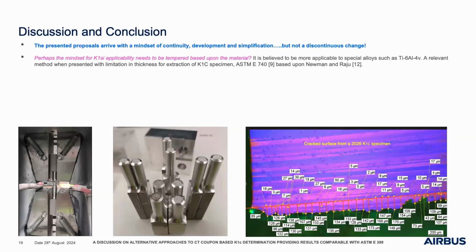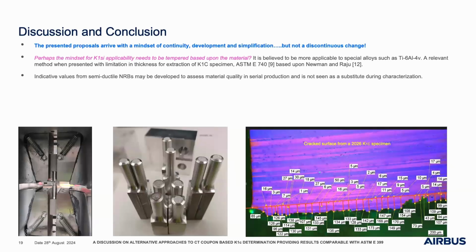There is another standard which can actually test thin material, called the E740. E740 does part-through crack, and you can apply a factor and knock it down to be in line with a said K1C value for a given material. But that doesn't reduce the rigor of testing. That is still the same as your conventional E399 CT.